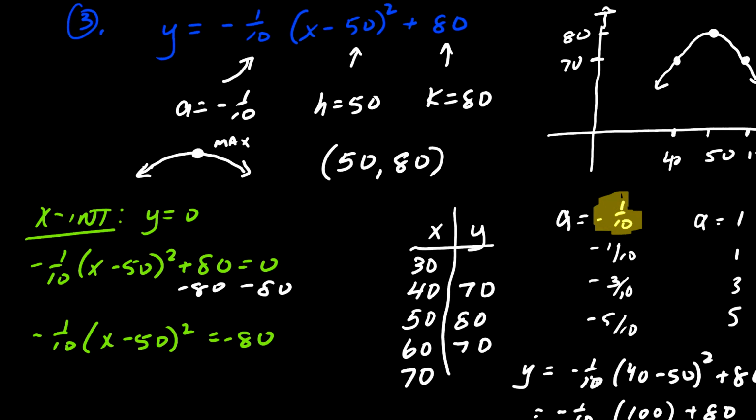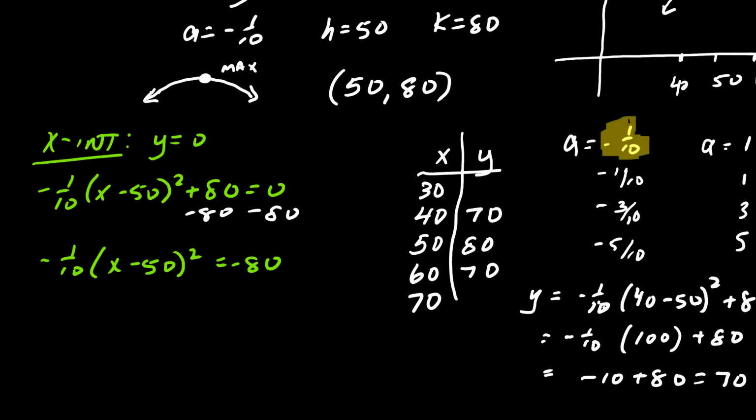Now we can either multiply both sides by negative 10 or divide by negative 1/10. It's up to you. I like to clear fractions, so I'm going to multiply by negative 10, and that will cancel, leaving us with (x minus 50) squared equals a positive 800.